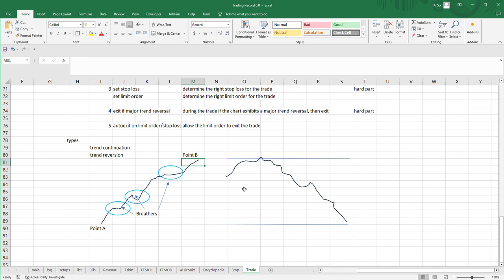And then what I am looking for, the critical component, is essentially defining the entry into a trend. That's what I'm attempting to do. That's what I need to be doing. Okay, so if I look at this situation here, that's what I need to be doing.